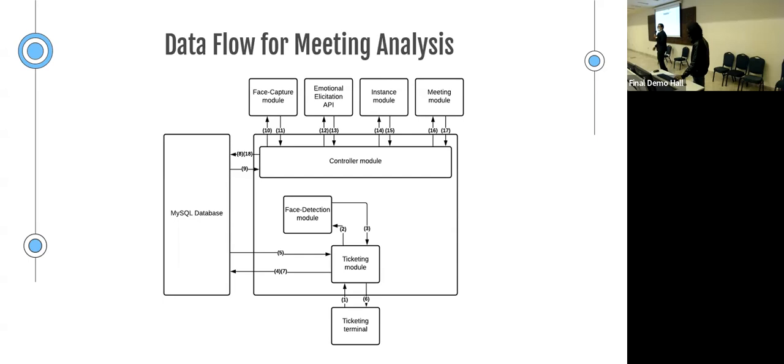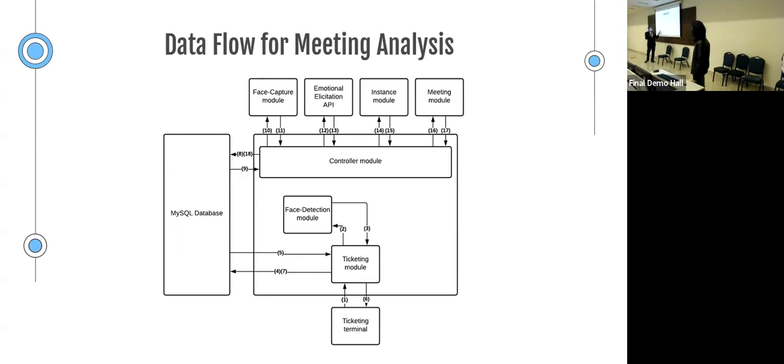As soon as the meeting starts, the data flow, what happens exactly in our modules during the meeting, is illustrated above. It all begins with the ticketing terminal, which sends the photo of the customer to our ticketing module, which sends it to the face detection module, which recognizes the customer by comparing it with multiple face geometries at our back end.